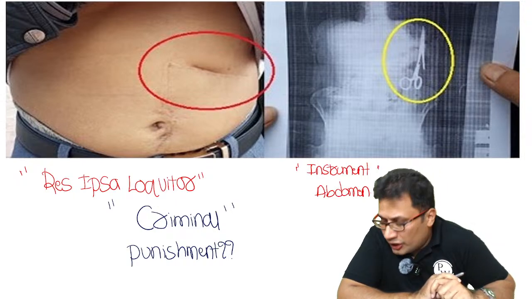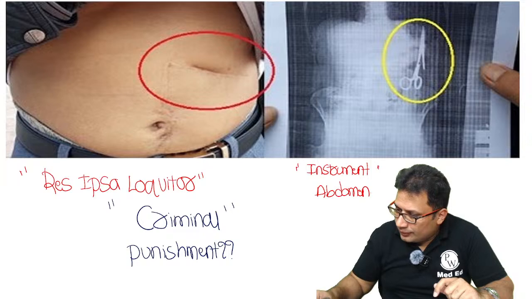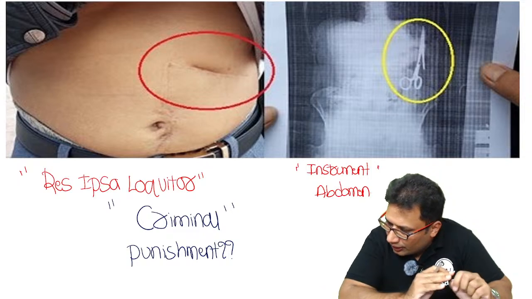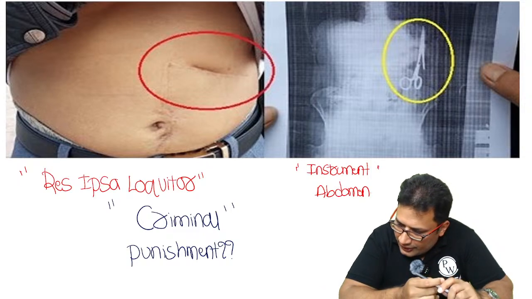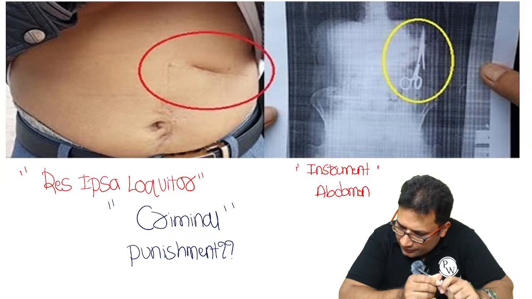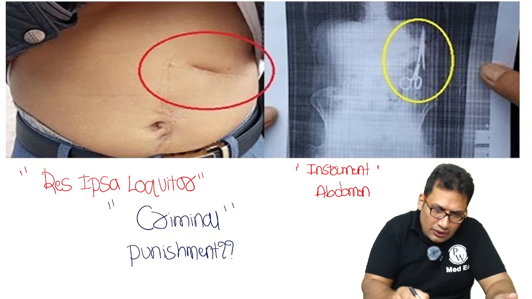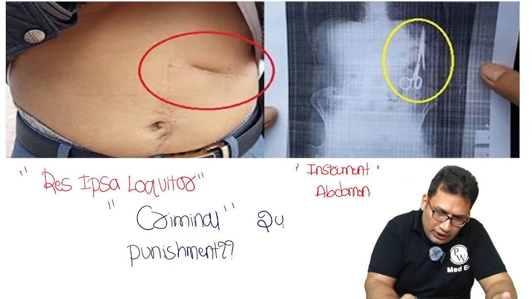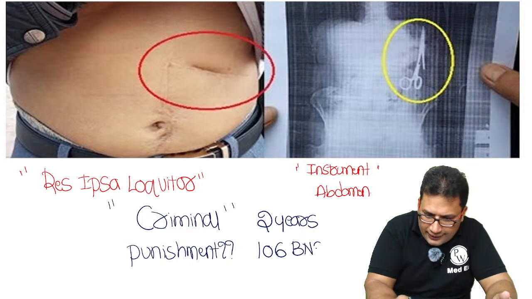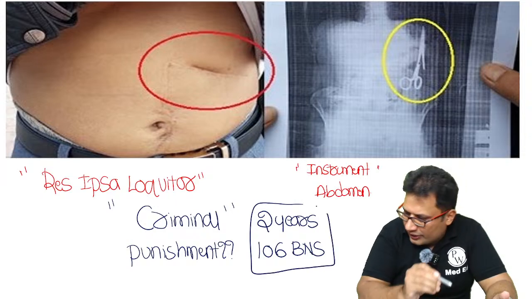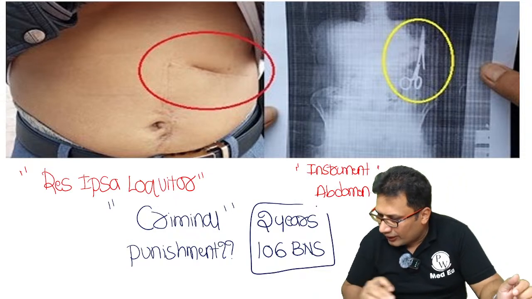So what would be the punishment? Yes, come on, try to answer, guys. The punishment can be 2 years of imprisonment as per 106 BNS. 106 BNS. Very good.